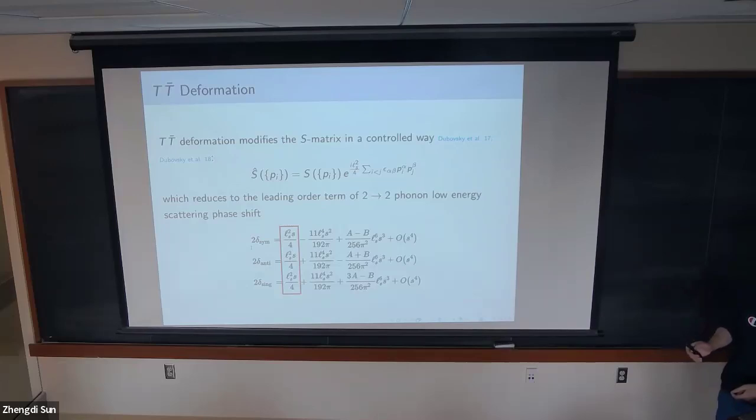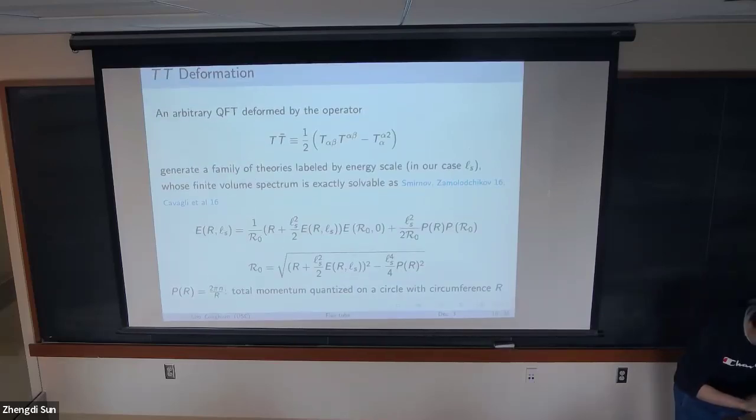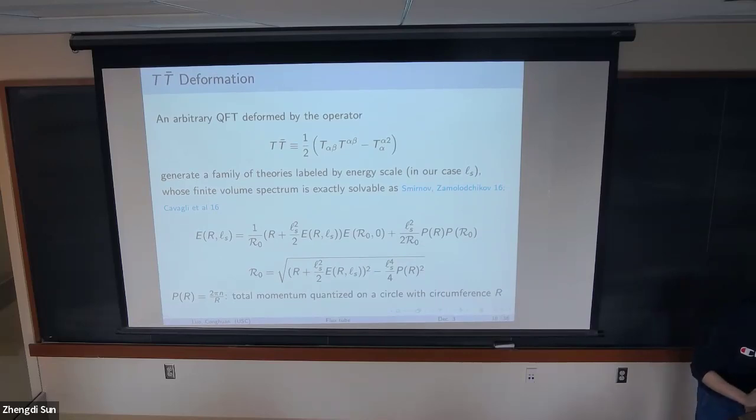Chronologically, I should also first discuss the TT-bar deformation. The TT-bar deformation is that if you start from an arbitrary two-dimensional QFT, we can consider the operator given by T T-bar, and the deformation by this operator will generate a family of theories labeled by a scale.